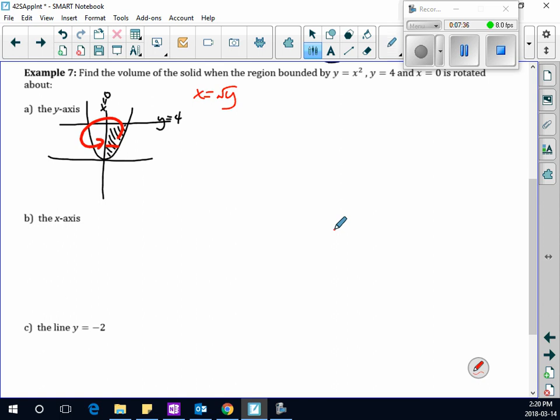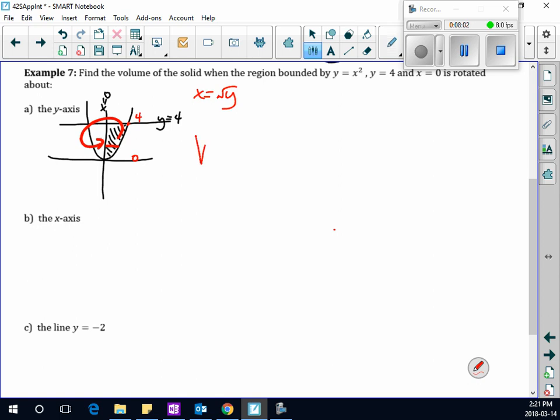So if we're stacking, what's this height? Well, by pure inspection, it's 4. What's the low height? Well, that's 0. So we're going to be stacking from 0 to 4. And it's not two things we're subtracting because this is not a washer, right? So there's no two things I have to subtract.